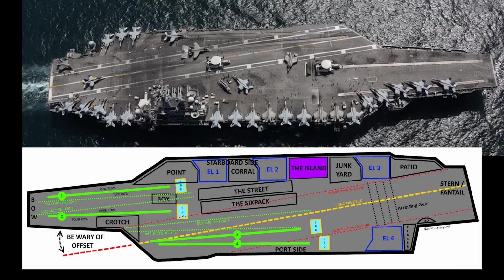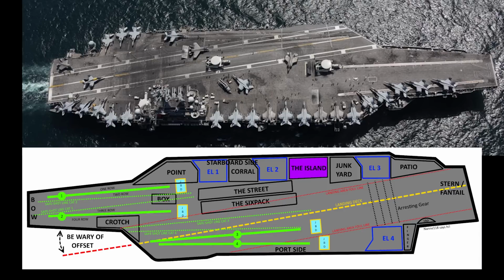But before we get started, let's just refresh ourselves with the topology of an aircraft carrier deck of a Nimitz class. So we'll take a look at this diagram. Basically the green lines are your catapults, Cat 1 starting from the starboard side of the ship, going to Cats 2, 3, and 4 towards the port.